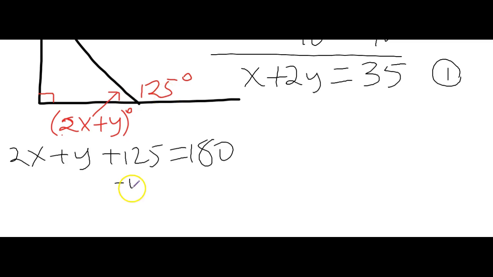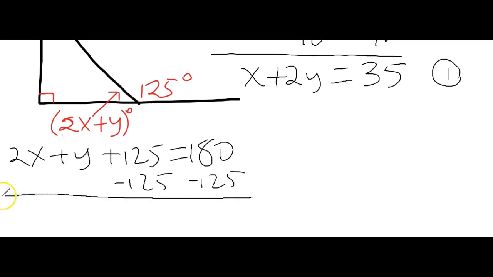So if we subtract 125 from both sides, so 2x plus y is going to equal 180 minus 125, which should be 55.